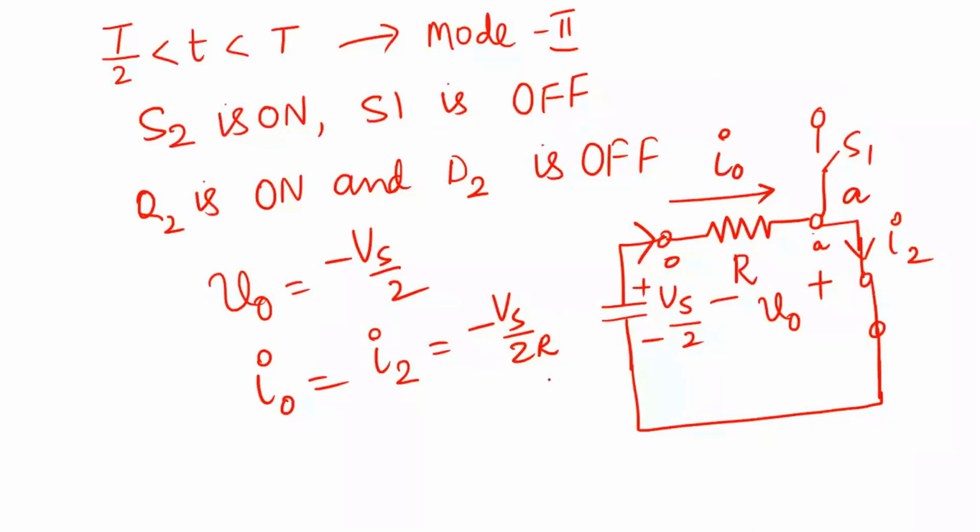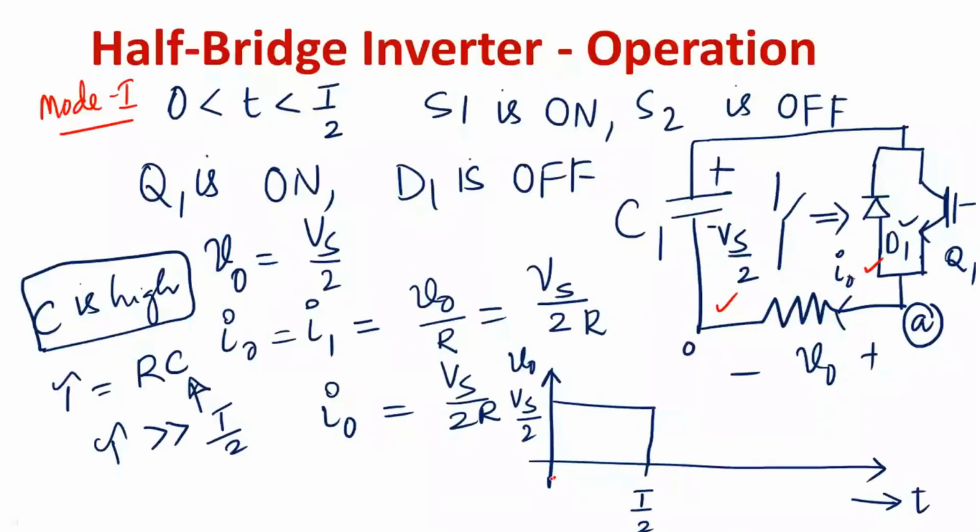So if we draw the values, the voltage is equal to minus Vs by 2, and the switch S2 is on for the time period up to T. What happened? We have not changed the polarities of the input source, but the voltage that is available across the load terminals is reversed.